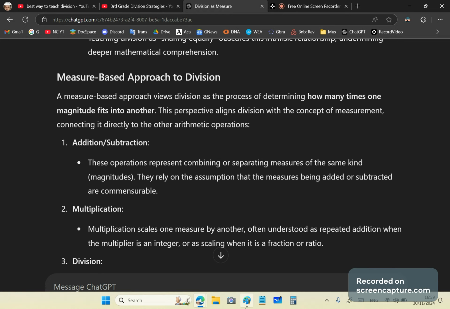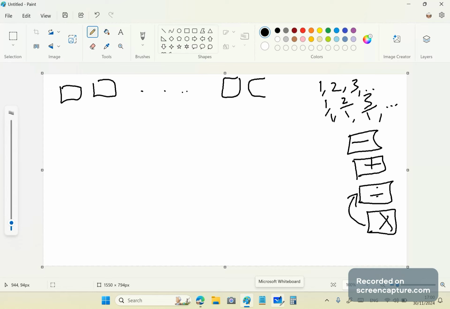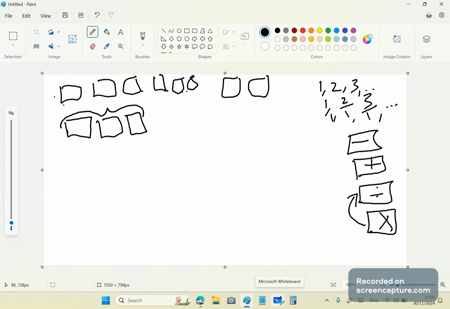In other words, if we have 15 blocks, oops, and I'm not going to draw all of them, okay, then we treat 3 as the unit, okay? So this becomes a unit all of a sudden, and we measure this as 1, 2, 3, etc., okay?